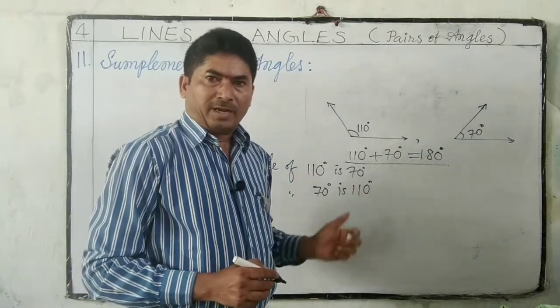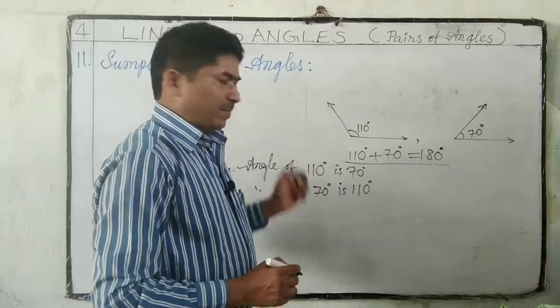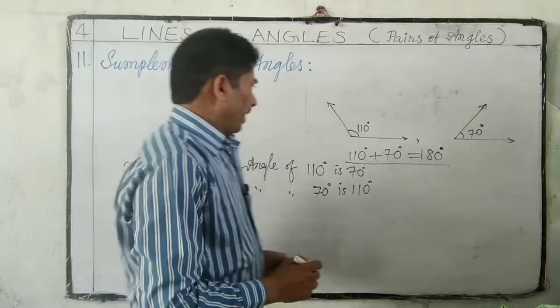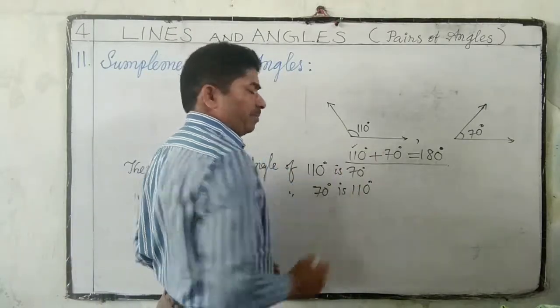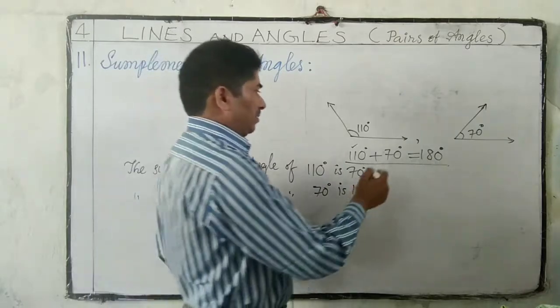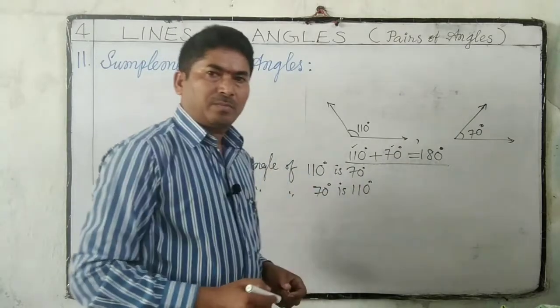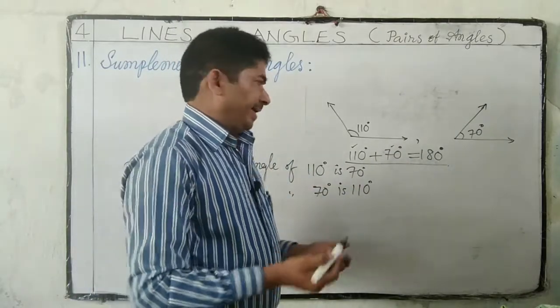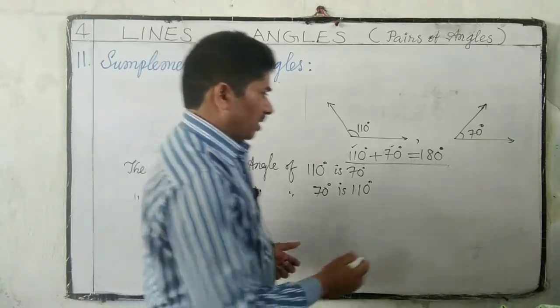Each angle in a supplementary pair is either an obtuse angle or an acute angle, or right angles. How can it be a right angle?